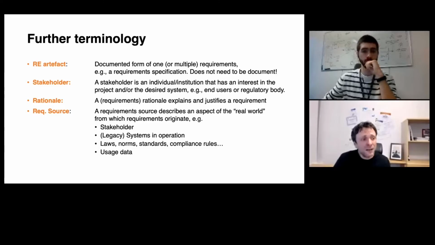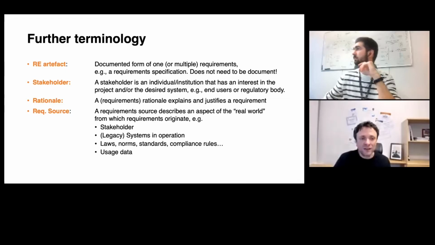Now, another term related and important here is the one of a stakeholder. Now, stakeholders are individuals or groups of individuals or institutions that have a specific interest in the system under consideration. So typically when we talk about stakeholders, we mean human beings, so customer side stakeholders, but it can be also institutions, for example, a regulatory body. And related to that is one thing that you need to understand.